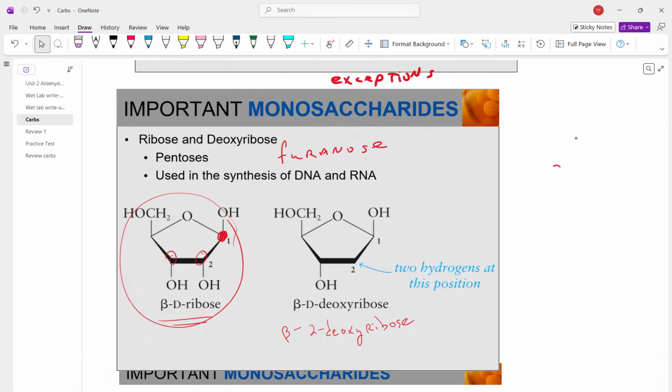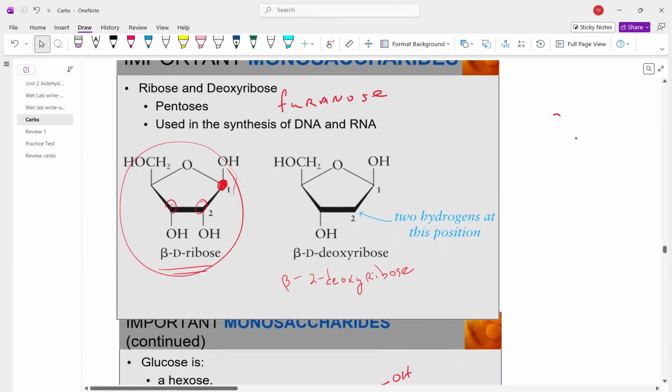With DNA, one of the OHs is gone at carbon number 2. That's why they call it deoxyribose. And if the OH is there, it's called ribose. And it's also a furanose ring because it's a 5-membered heterocyclic.